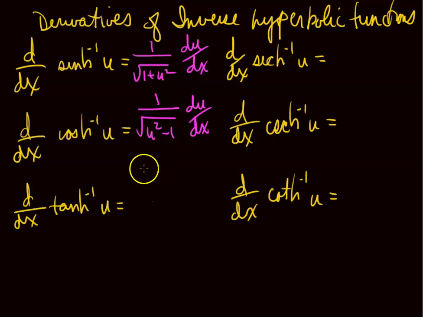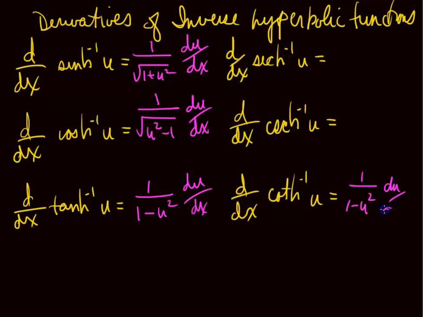For the tanh, similar, but it's easy to get confused, 1 minus u squared du dx. For the coth, interesting, 1 over 1 minus u squared du dx. The same? Yep.